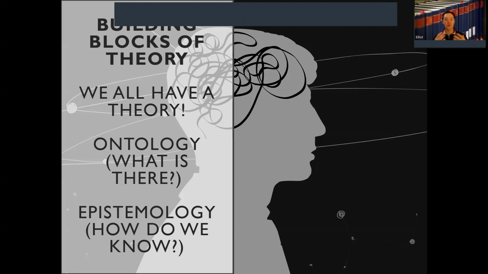So there's a very broad range of ontologies and epistemologies, and we're going to keep coming back to these concepts as we build our theories, because each theoretical framework in international political economy and elsewhere is composed of these two major parts. So it's very important to have an awareness of exactly what they are.